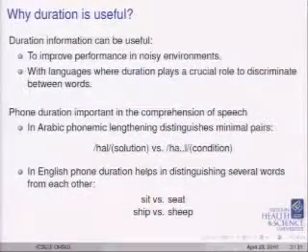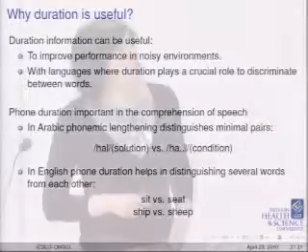Duration information is useful, for example, to improve the performance of speech recognizers in noisy environments. Prosodic features are more robust to noise and channel variations. It can also be useful with languages where duration plays a crucial role to discriminate between words.